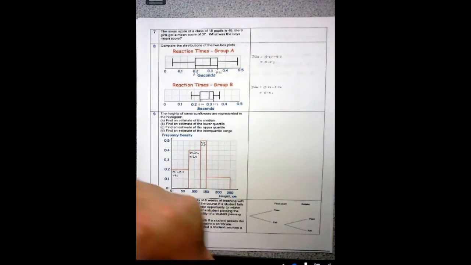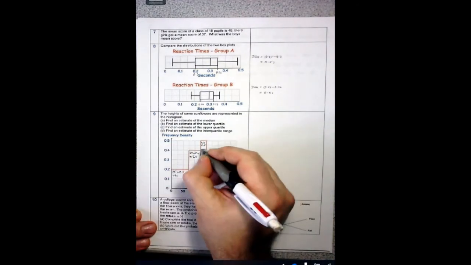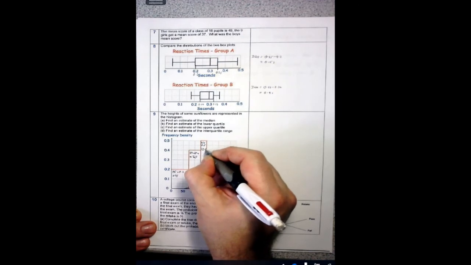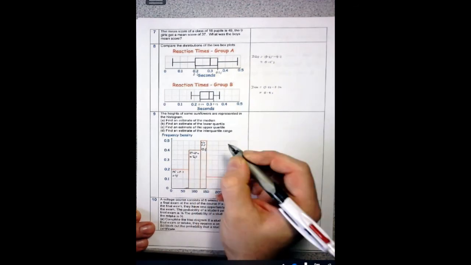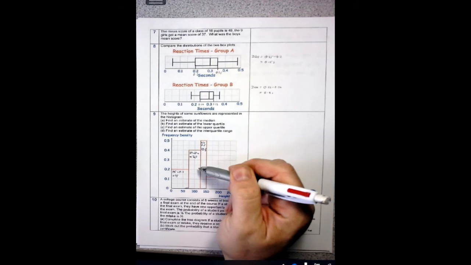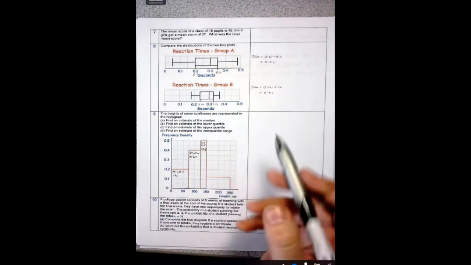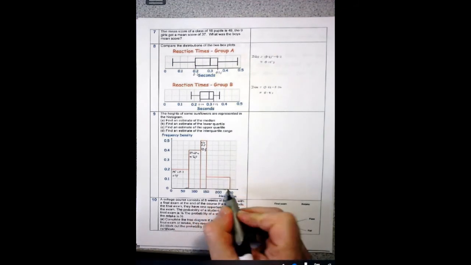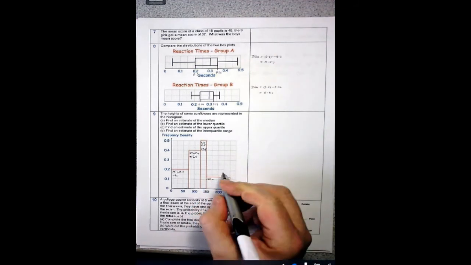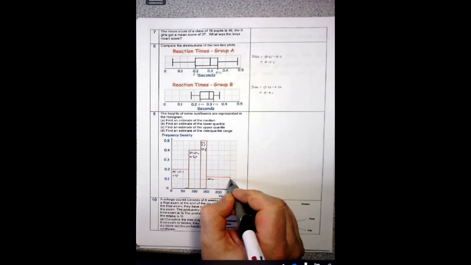50 to 250, that's 100 times by, now I can barely see this from the copying, 0.125, and that's 12.5.